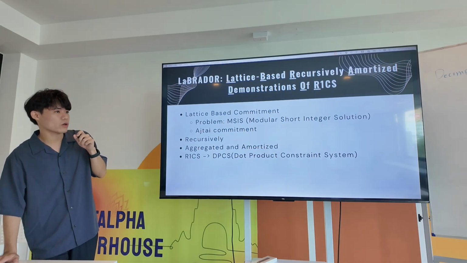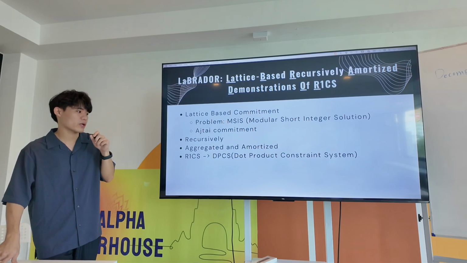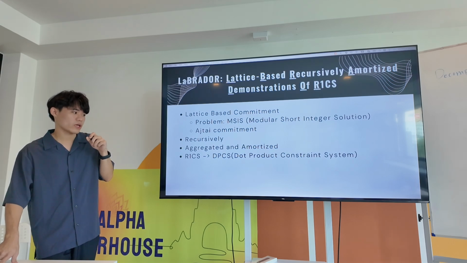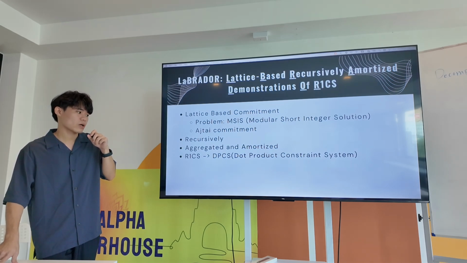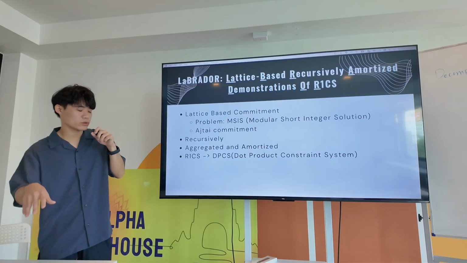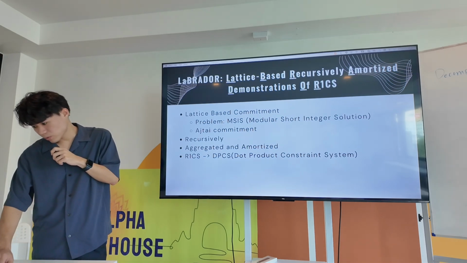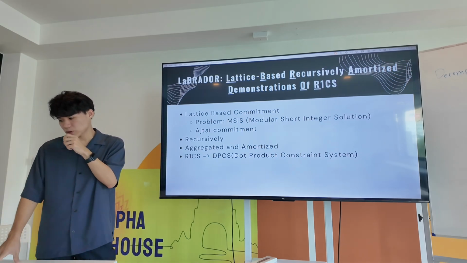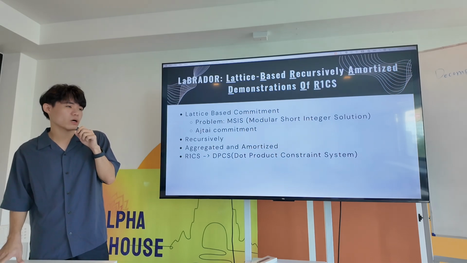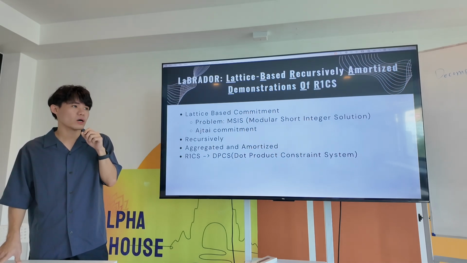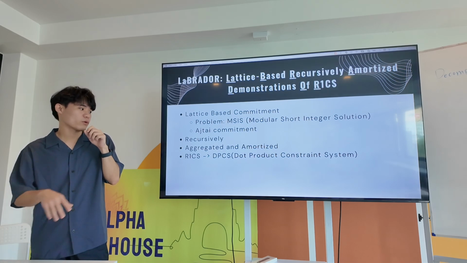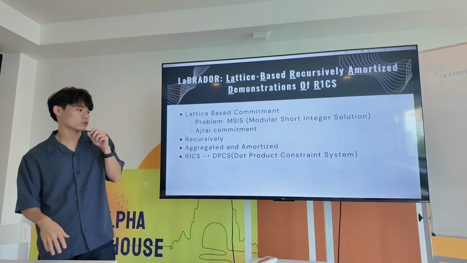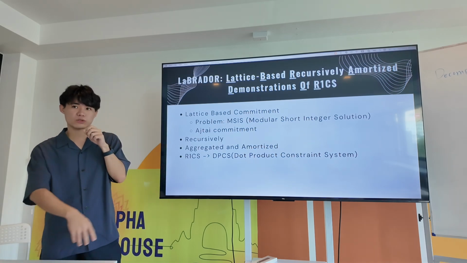In Labrador, they call it a dot product constraint system, and in the paper they also prove that the dot product constraint system can be reduced to R1CS. So what this means is, if you can use R1CS to implement another program, you also can use the DPCS to implement it.